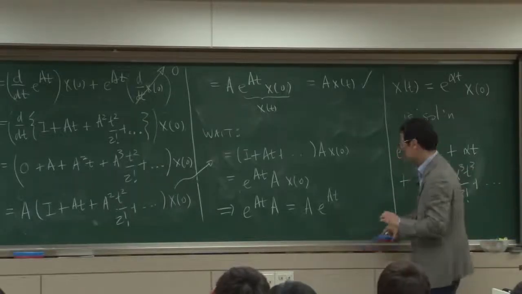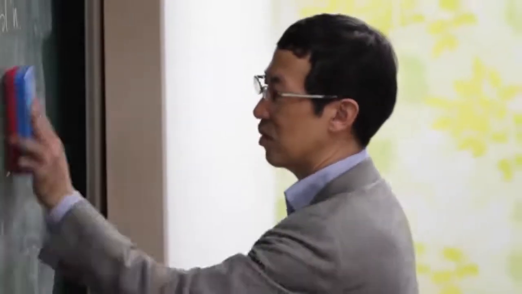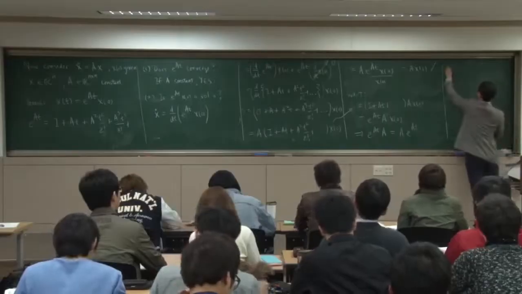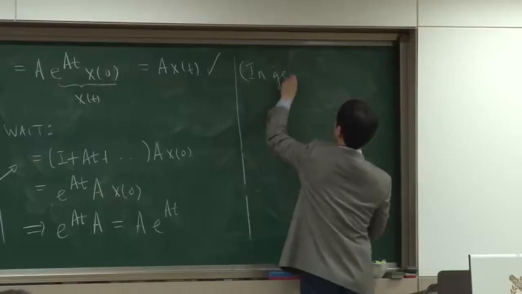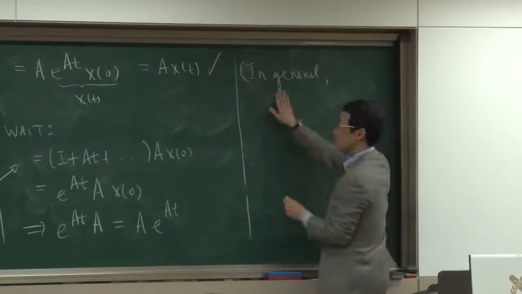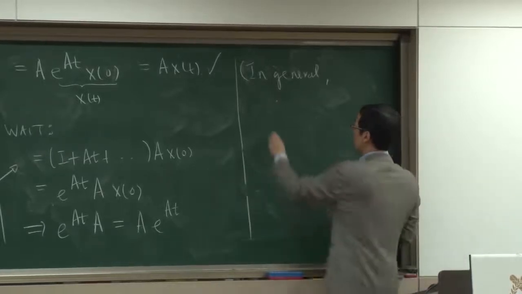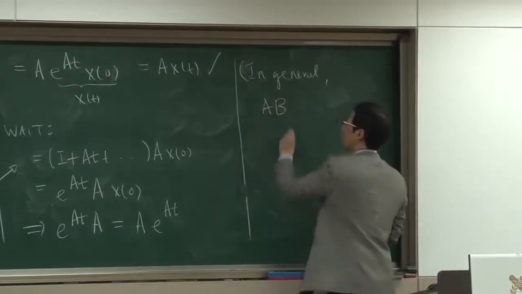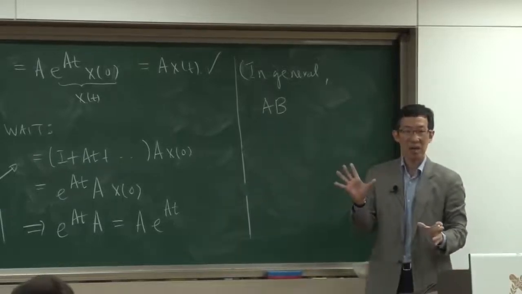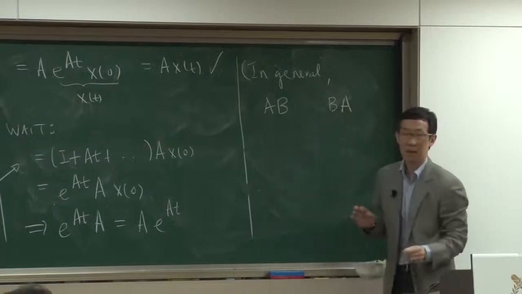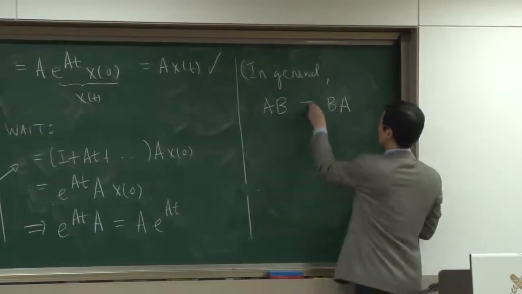Now, the reason I point this out to you is that in general, if I have two square matrices A and B, and I multiply A times B and compare it with B times A, usually the two are not the same.